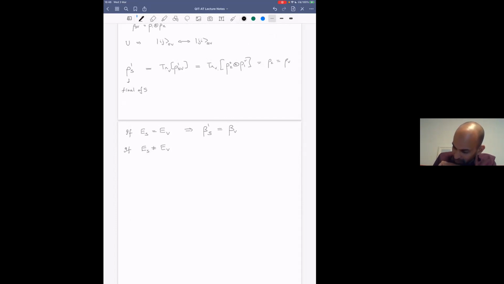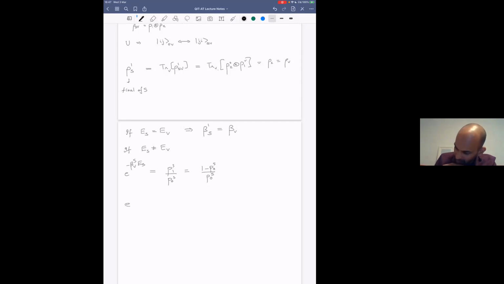So we know that the initial virtual temperature of the system is defined by, in our notation, P1S upon P0S, which is e to the minus beta S ES, equal to 1 minus P0 system upon P0 system.